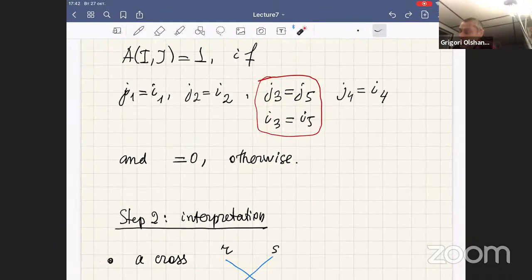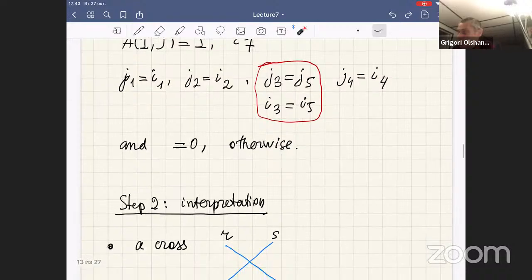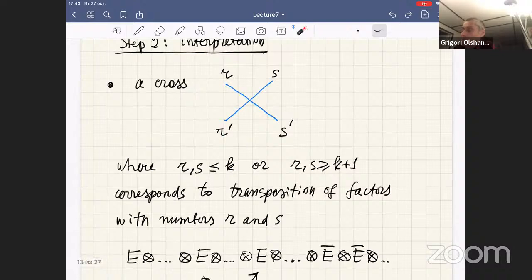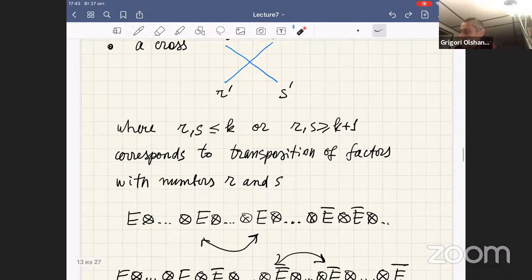So I tried to give some impression about the definition, but formally the definition was given. So I want to repeat: a cross between two nodes of the same nature, of the same kind, two white or two black, corresponds to a transposition of two tensor factors here.